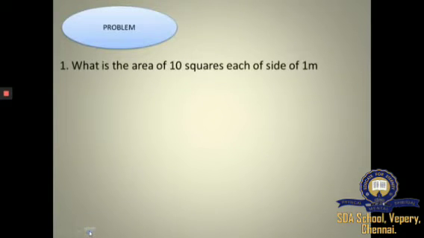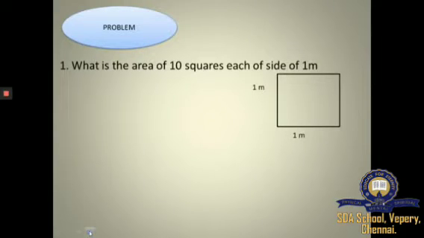What is the area of 10 squares each of side 1 meter? We have to find the area of 10 squares, and each square has a side of 1 meter. So the side of the square is 1 meter.